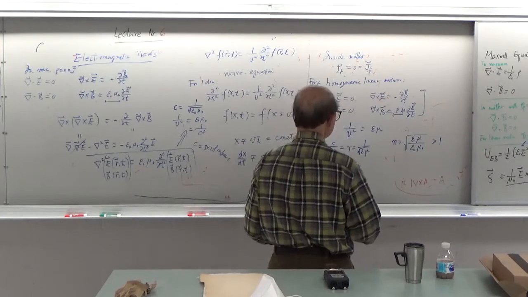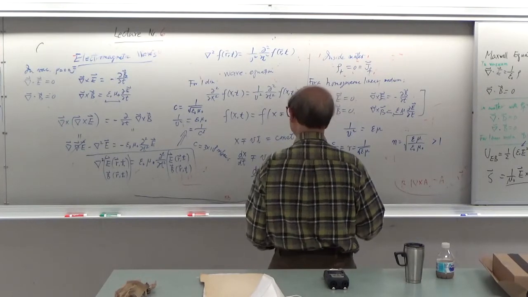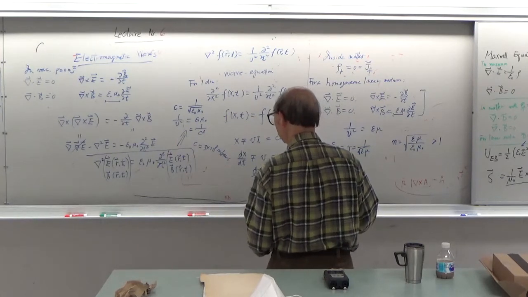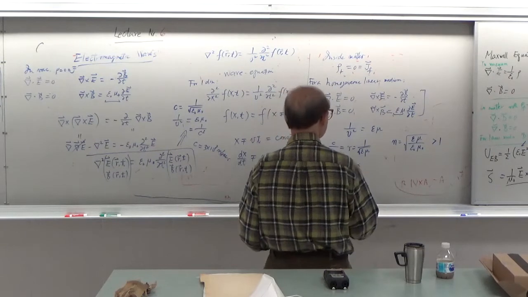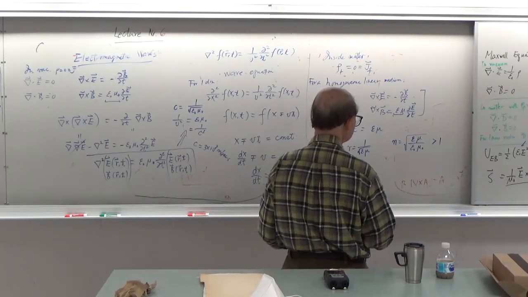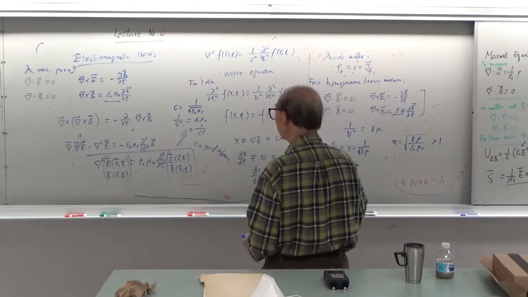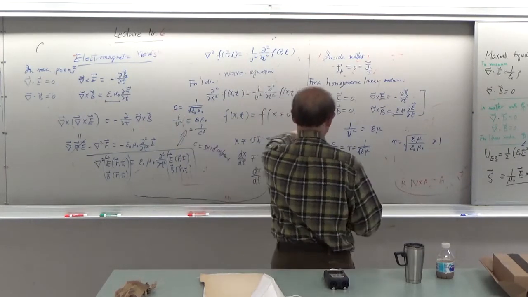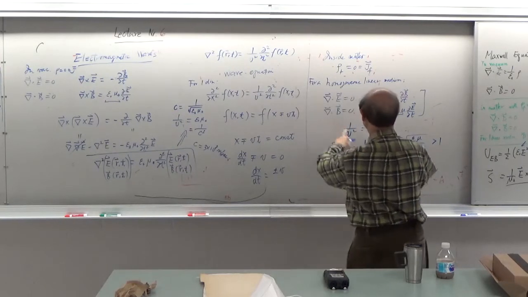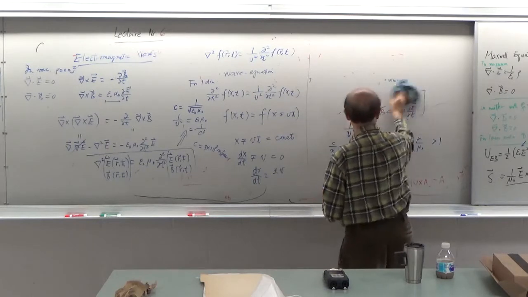And we are now ready, in fact, to introduce some of the definitions, some terms. We are done with this, since we are not going to talk about propagation inside matter in this lecture.